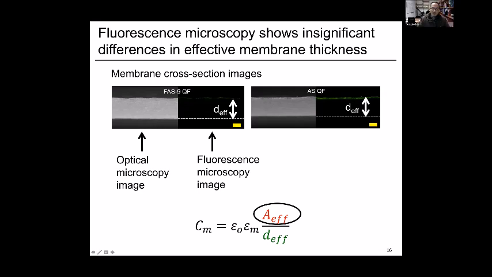This green liquid is the fluorescence dye, and as you can see, it does not penetrate into the membrane's inside structures. So virtually the effective thicknesses of the membranes are essentially the same. From this observation, we concluded that the observed capacitance increase is due to the increased liquid-vapor interfacial areas.